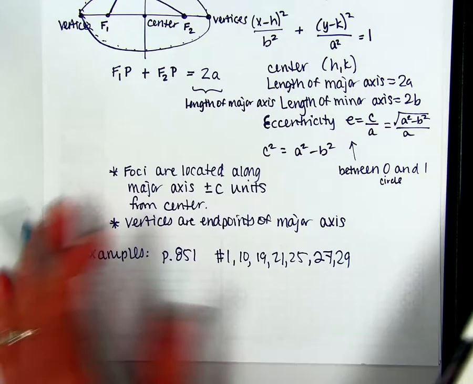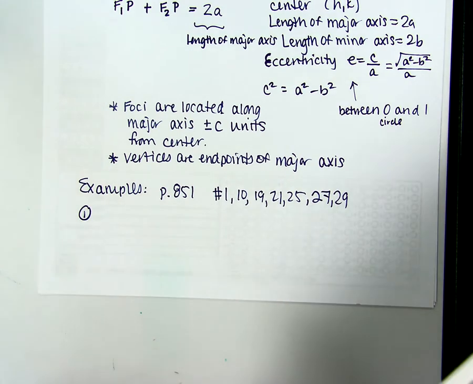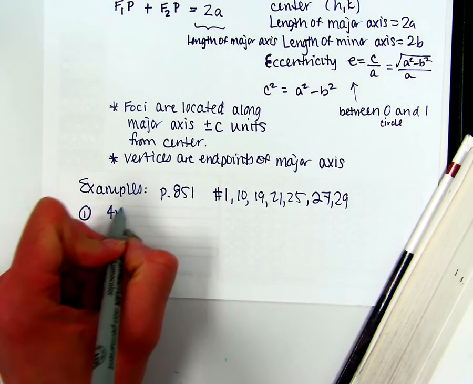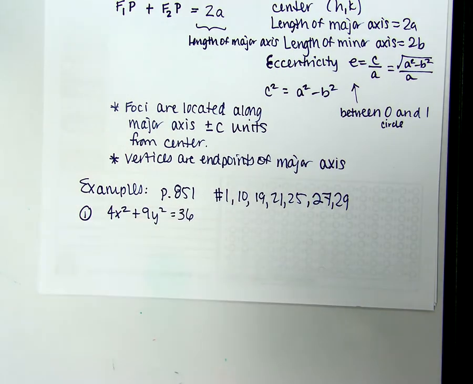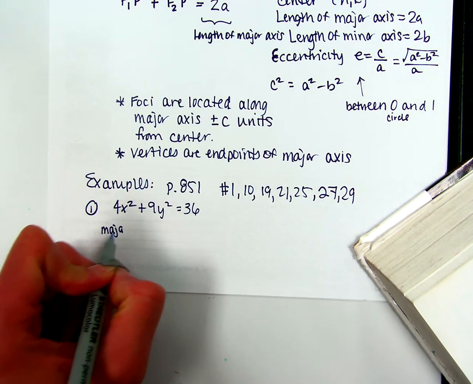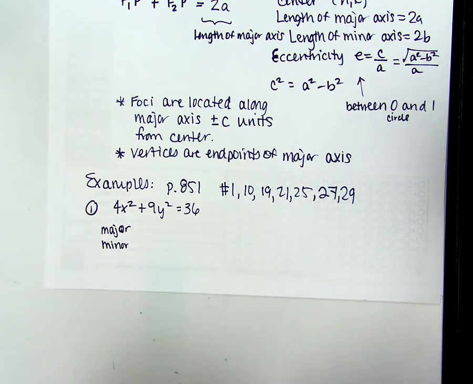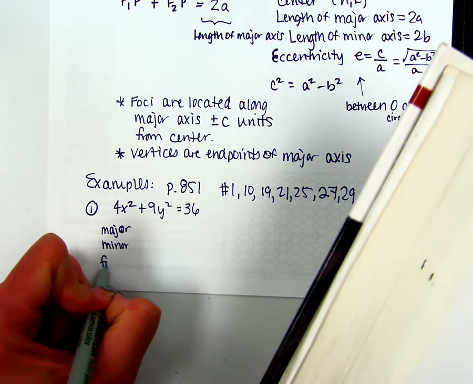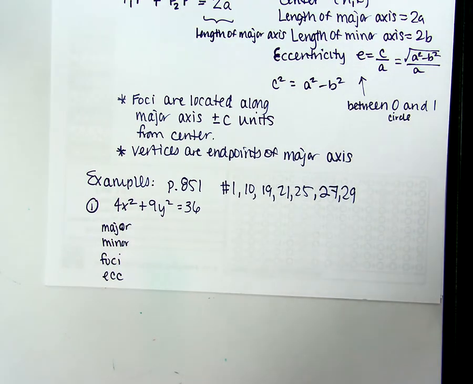All right, so in number 1, it says that you're given this equation, 4x squared plus 9y squared equals 36. And they want you to specify the length of the major and minor axes, where the foci are located, and what is the eccentricity.